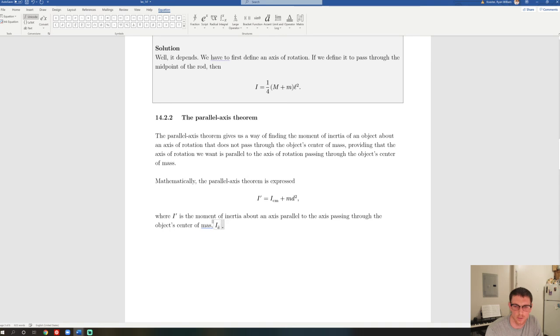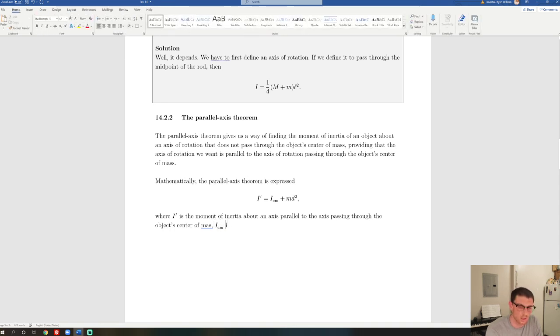I sub cm is the moment of inertia of the object about an axis. I should say an axis because there can still be more than one. Let me say about an axis passing through the object's center of mass.